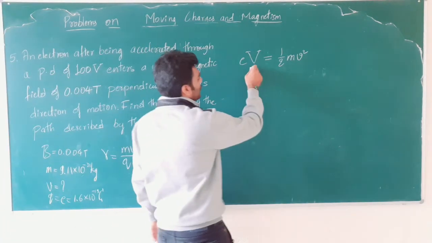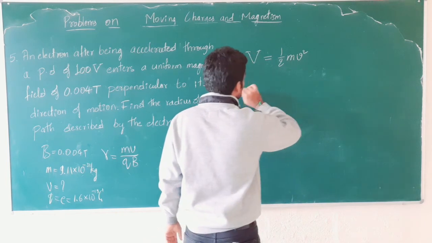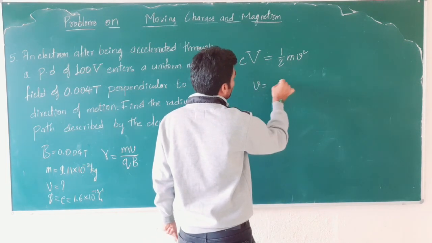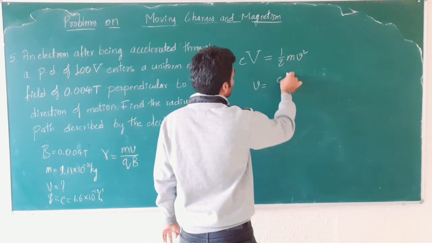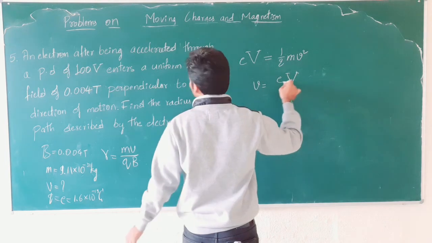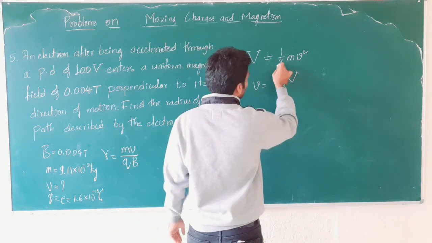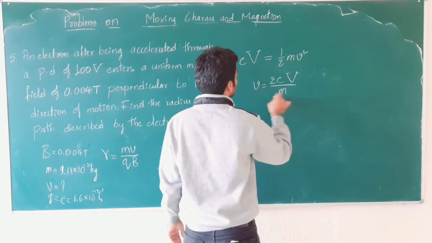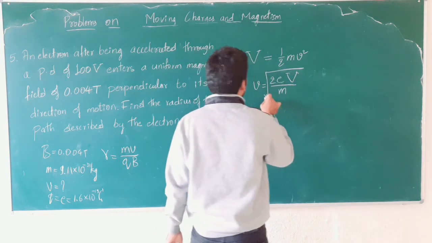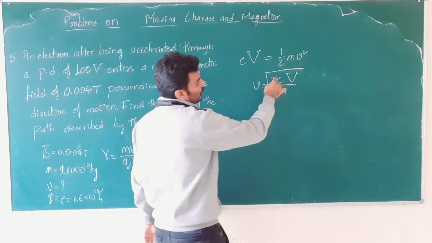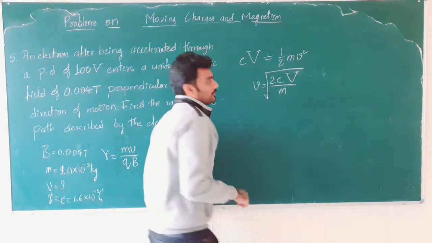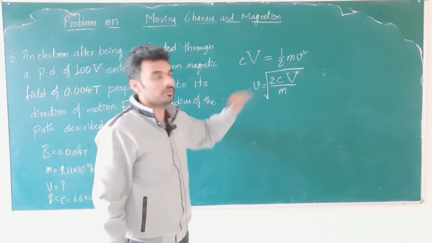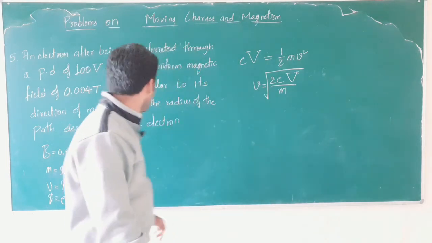So using this, I can get the value of v, right? The expression for v becomes the square root of 2eV by m, where V is 100 volt and e is known to us. So under root of 2eV by m is the expression for v, the velocity, right?